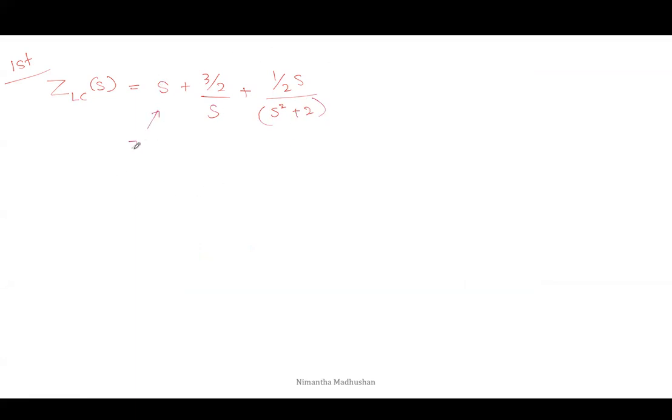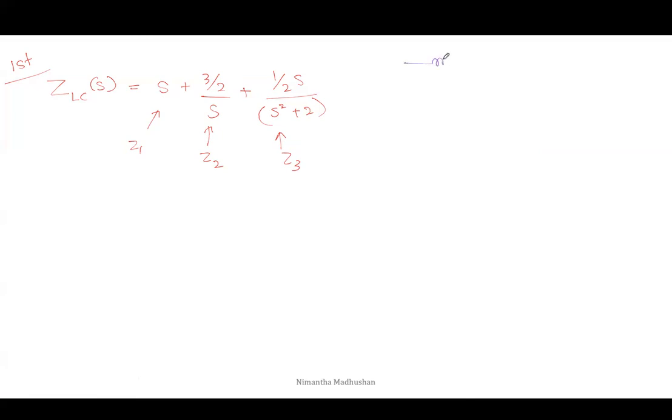These are the small impedance values, Z1, Z2, and Z3. Now we have to check what are the elements for each and every impedance part.